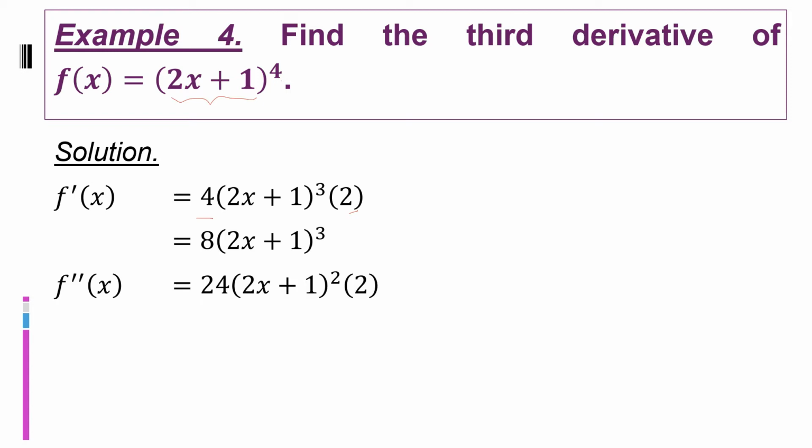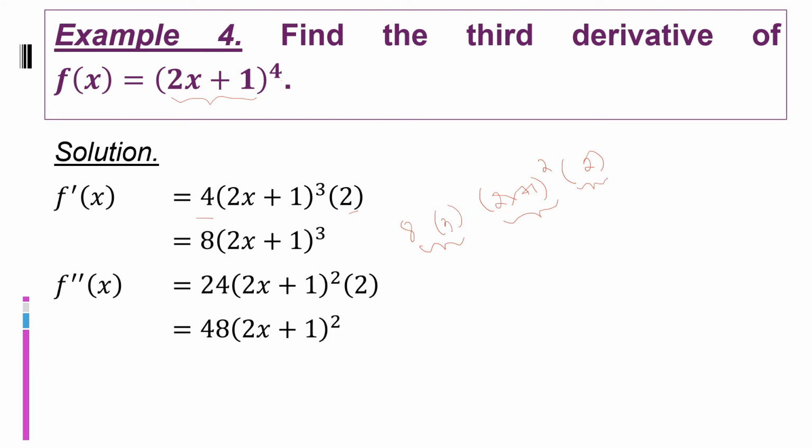Now, for the second derivative, we have, okay, ito magiging 8 times 3, 2x plus 1, 3 minus 1 is 2, and then yung derivative ng 2x plus 1 is 2. Kaya magiging 24 times 2x plus 1 squared times 2, or that is equal to 48 times 2x plus 1 squared.